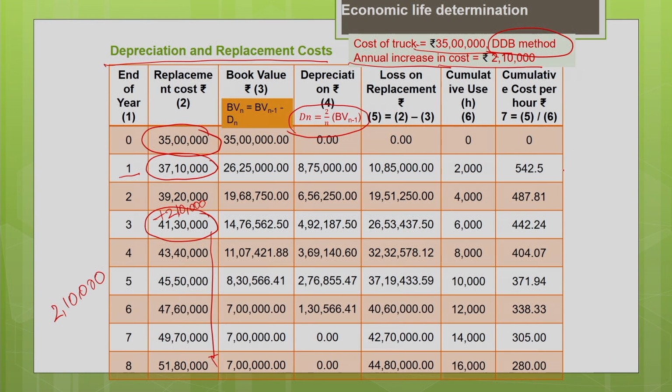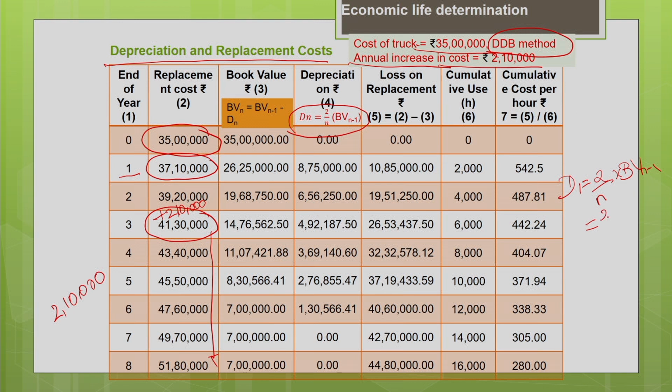D1 is nothing but 2 by n into book value of the previous year. Book value at the end of the previous year is nothing but the book value at the beginning of the current year. So, both are same, for which you are calculating the depreciation.